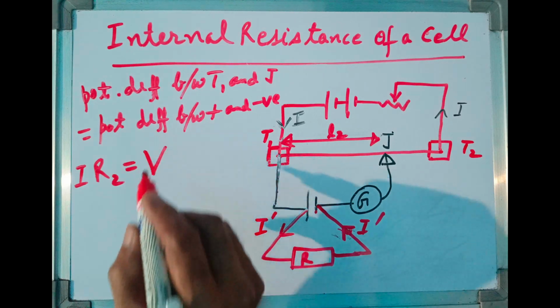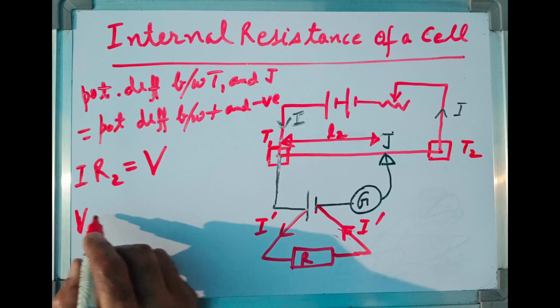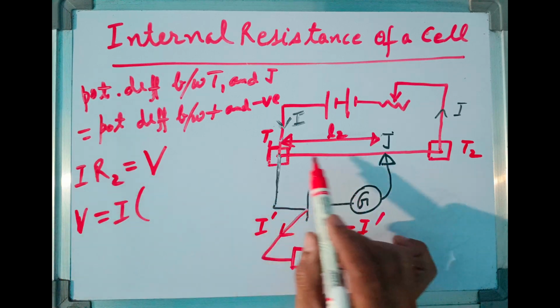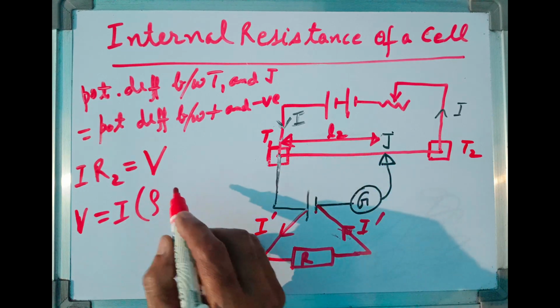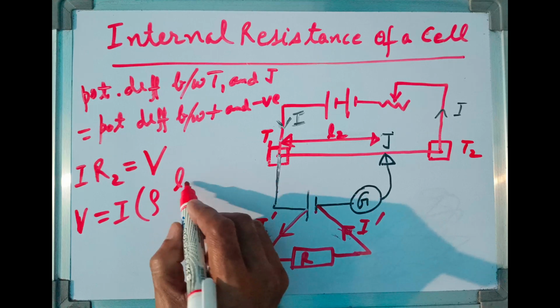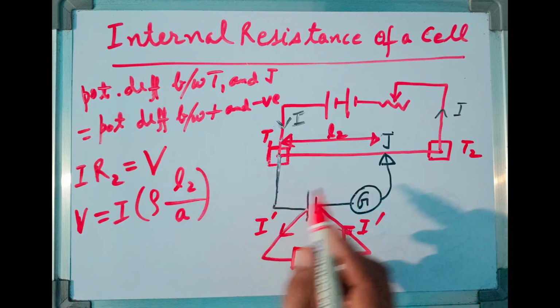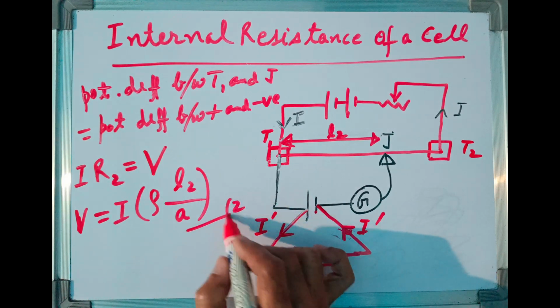Let me call it capital V. Now this can be written as V is equal to I into R2, the resistance of this portion of wire, again rho into the length of the wire, L2 in this case, over the area of cross section of the wire, that will be the same. So let me call it equation number 2.